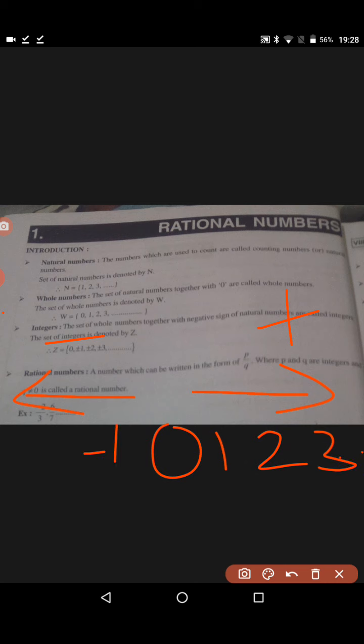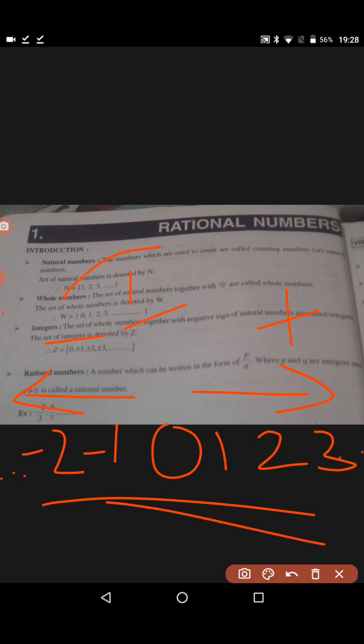Here -1, -2, -3, and so on. Like that it will go, right? That is how you should represent integers. I means integers, as I just told you. Now we have got to know integers, natural numbers, whole numbers. All the topics we have to discuss, we got to know.